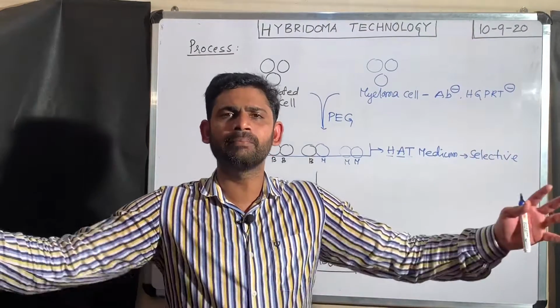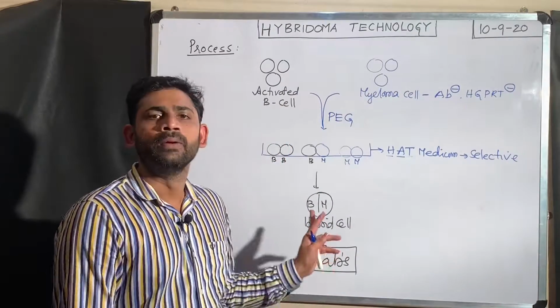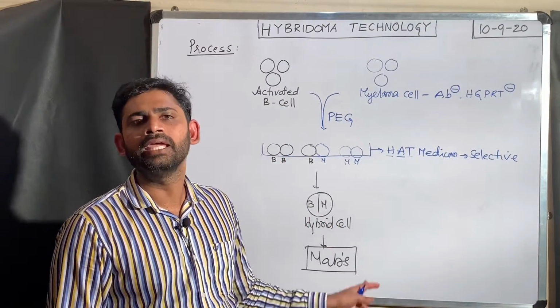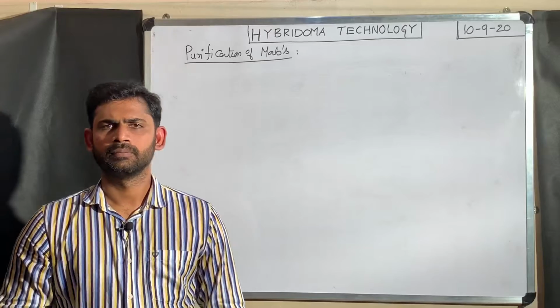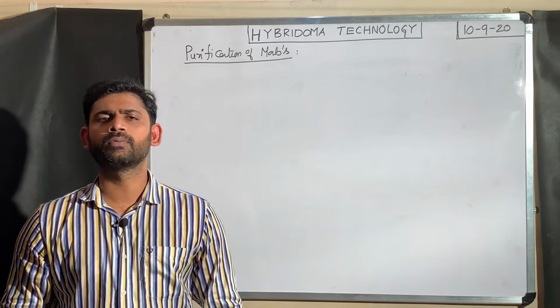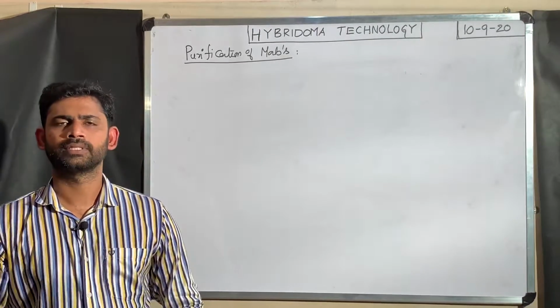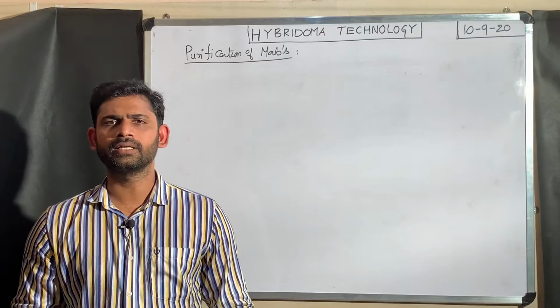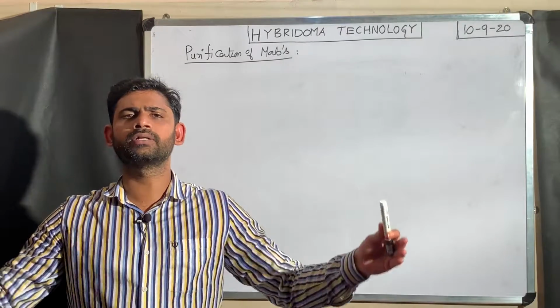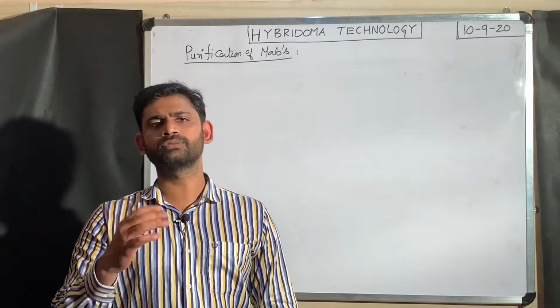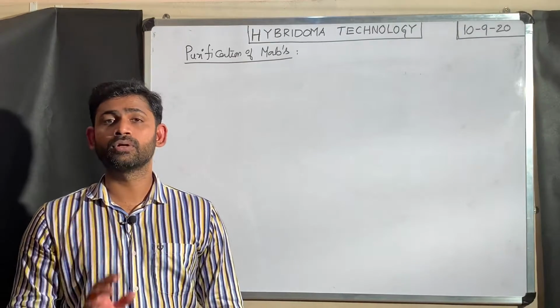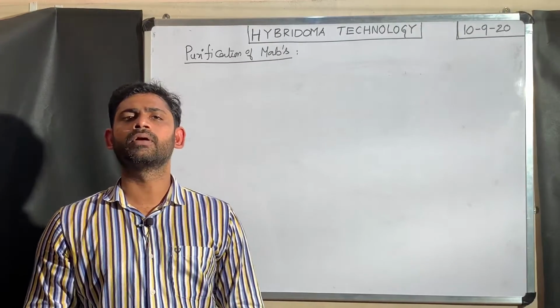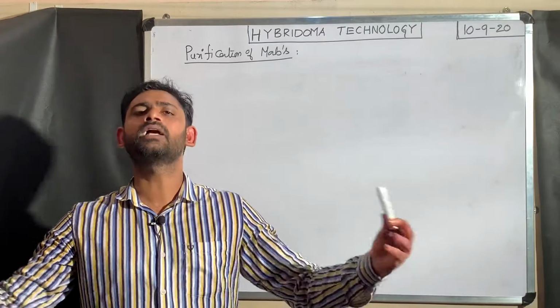This large number of antibodies are called monoclonal antibodies, because these monoclonal antibodies are produced in a medium. In that medium, definitely a large quantity of monoclonal antibodies is present, as we know. But along with the monoclonal antibodies, different types of cells are also present.